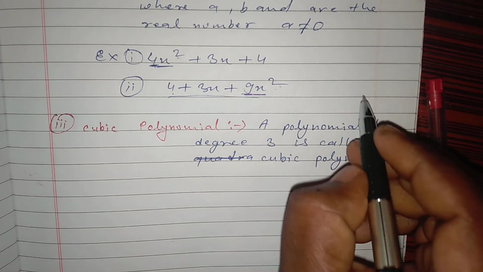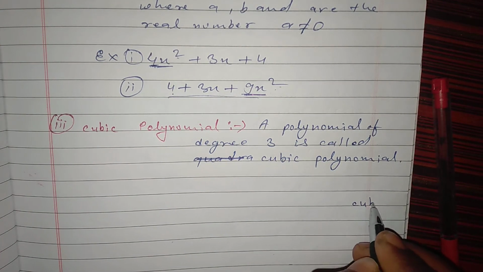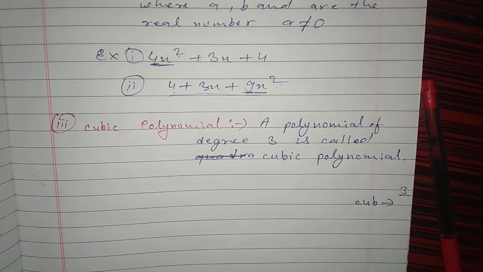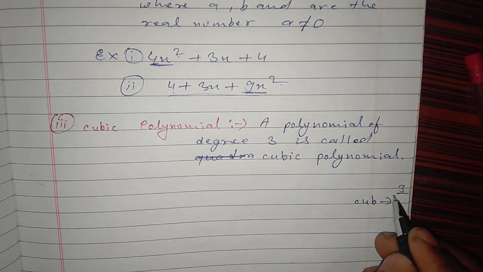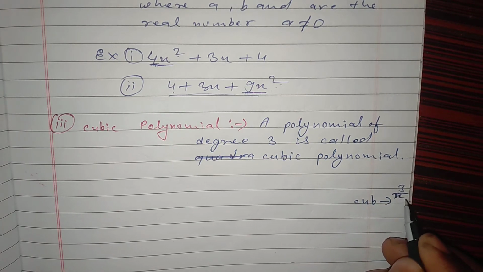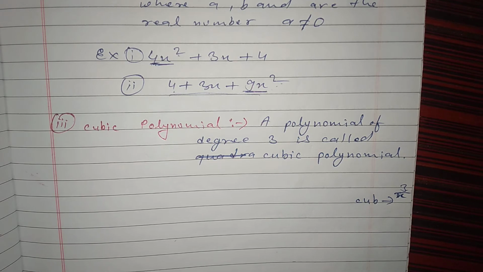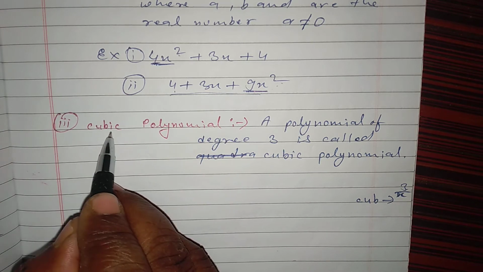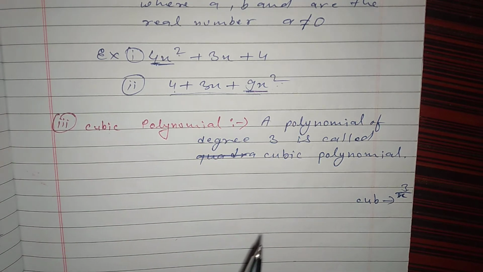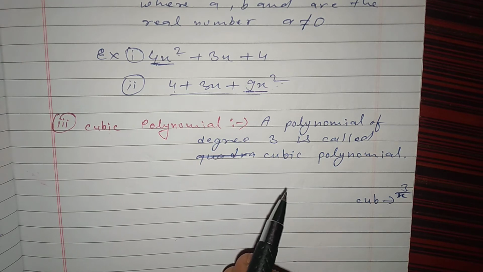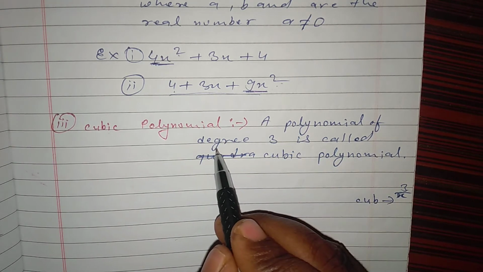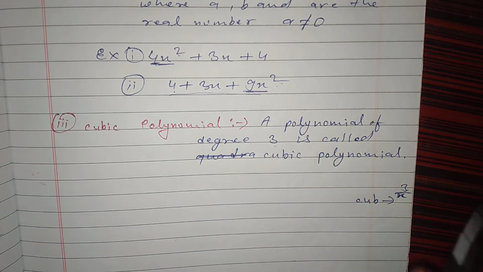We know that cube means power 3, such as x to the power 3. We also say x cube. So cubic means a polynomial which has power 3 according to degree. A polynomial of degree 3 is called a cubic polynomial.